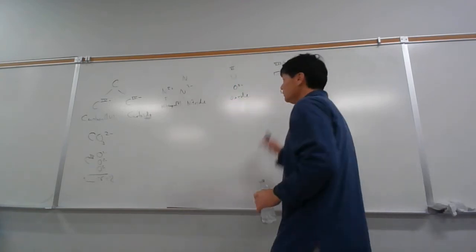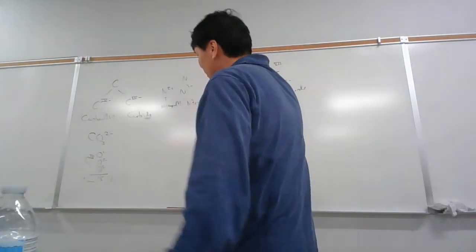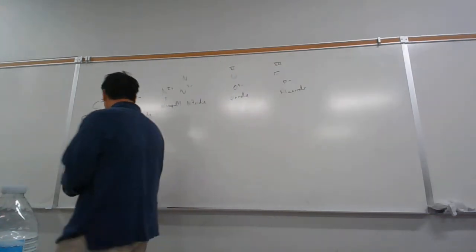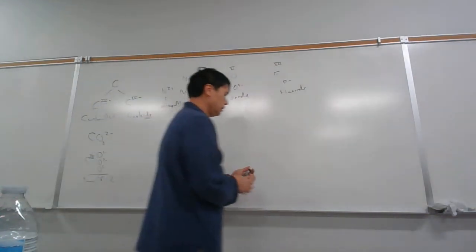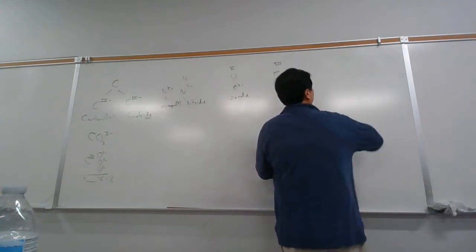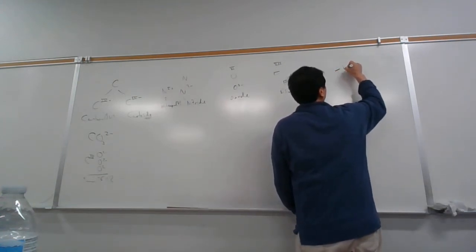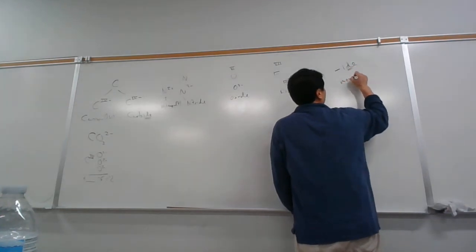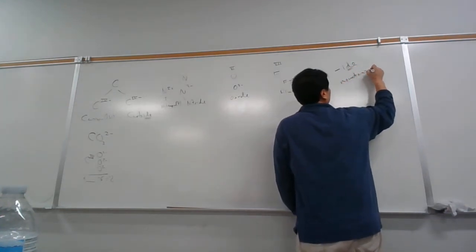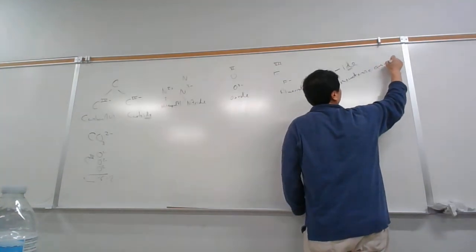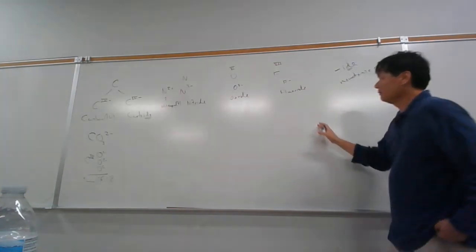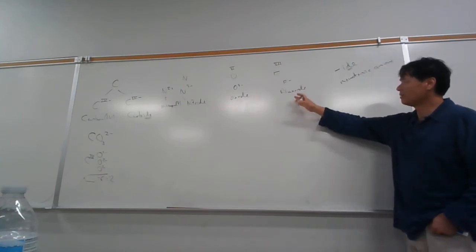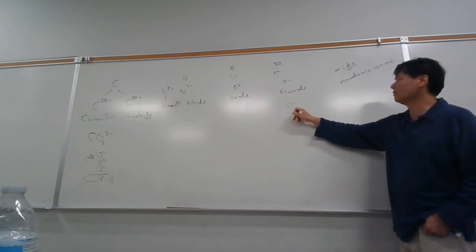Anyway, so we have these. When we have the ides, we know the ides are typically monatomic anions with a D. These are monatomic anions. The charge you can get from its position on the periodic table. So for example, chloride. Chloride's in the same family here, so the charge would be -1.